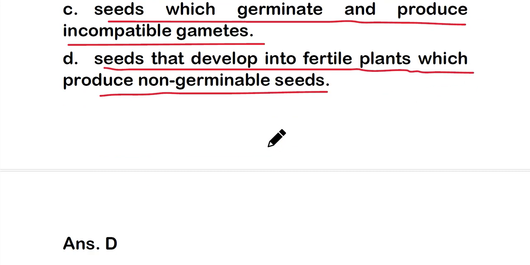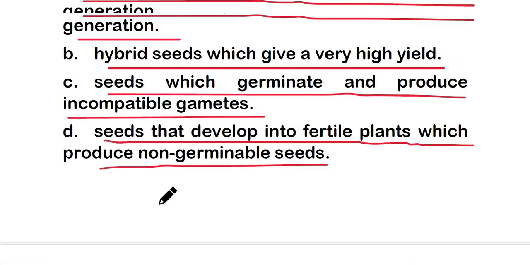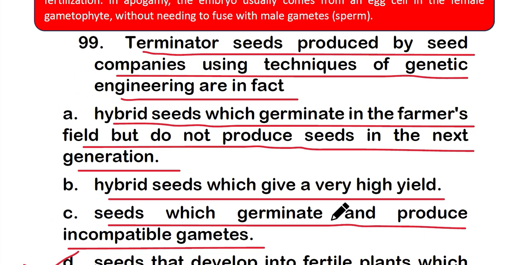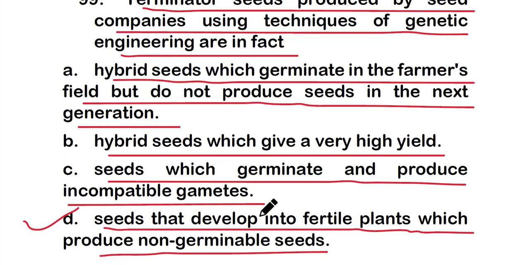And the right answer is option D. So terminator seeds produced by seed companies using techniques of genetic engineering are in fact seeds that develop into fertile plants which produce non-germinable seeds.